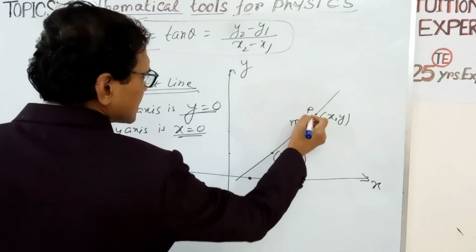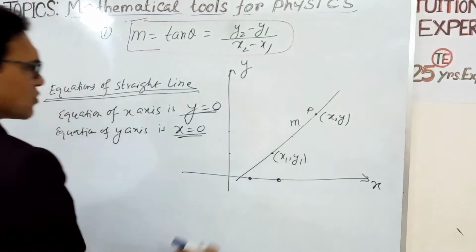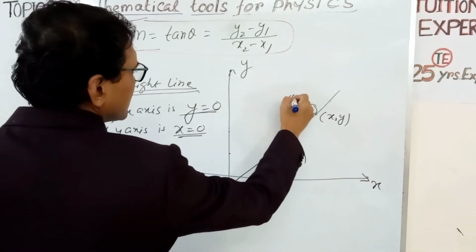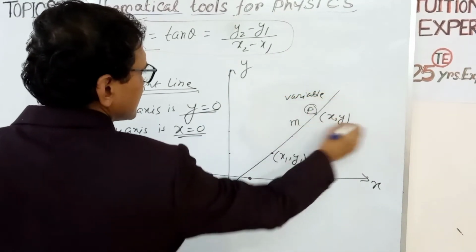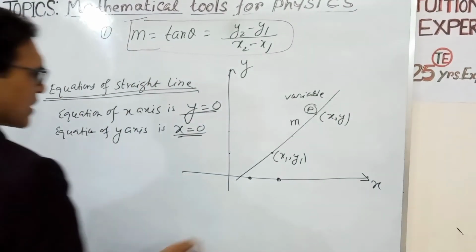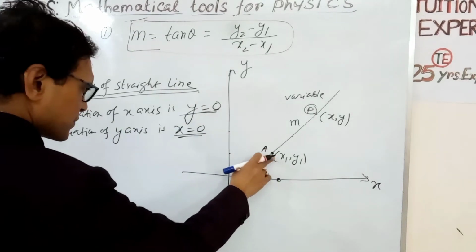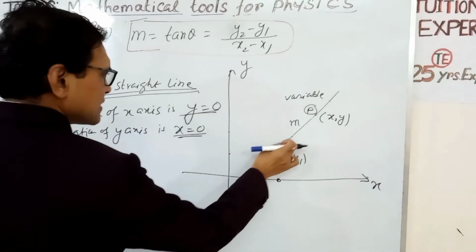The point P is here, or it may be here, it may be here. So this is a variable point whose coordinates are x and y. x y can change, but this is a fixed point A. This coordinate is fixed, and this is a moving point.